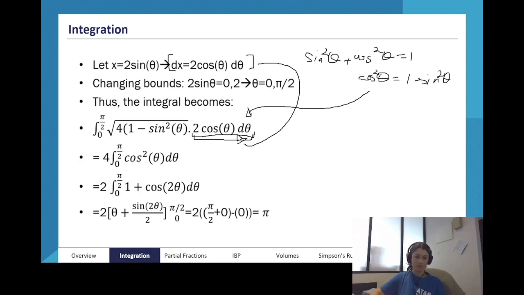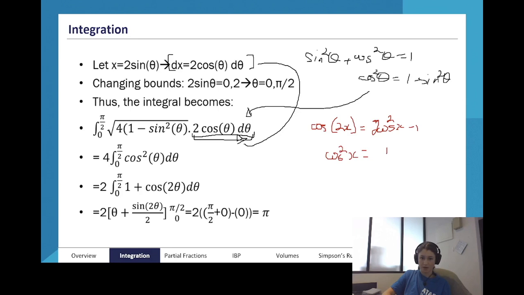The identity that we used was this one here, which is cos of 2x is equal to 2 cos squared x take 1. Then we could rearrange this to isolate cos squared x, which gives us a half, cos 2x plus 1.